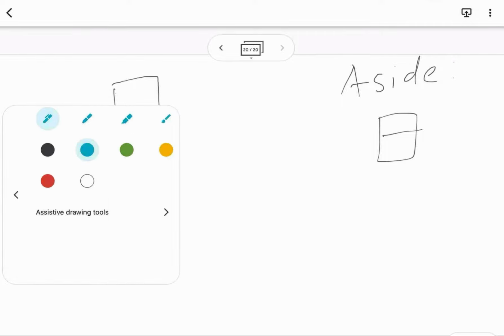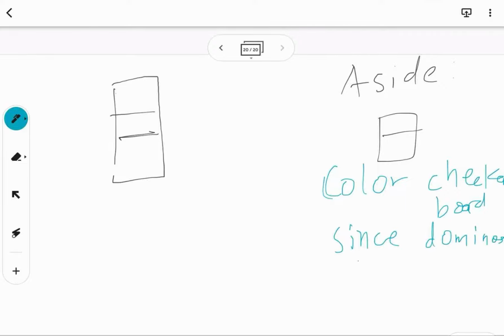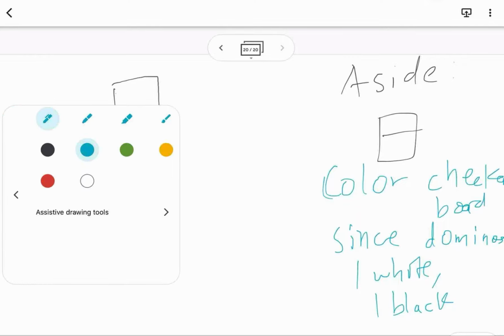You might have seen this already from other Olympiad resources: you can just color the board like a checkerboard. Dominoes always have one white and one black square. If you color the board black and white, then you always have one black and one white, right?